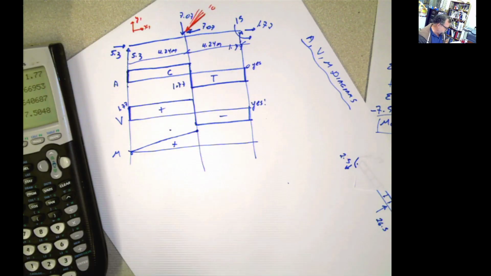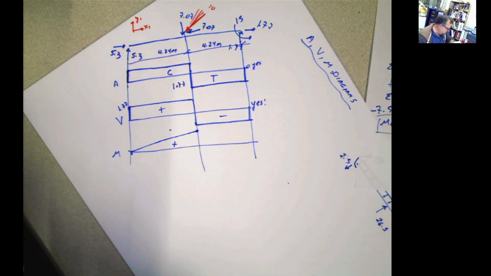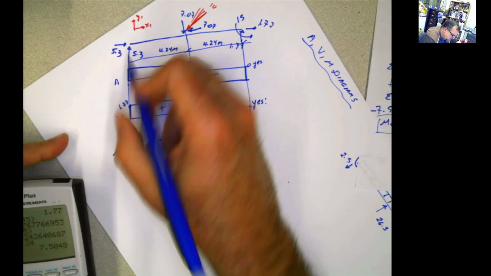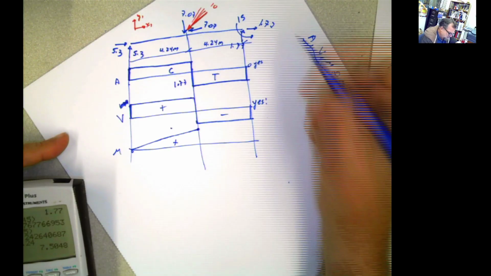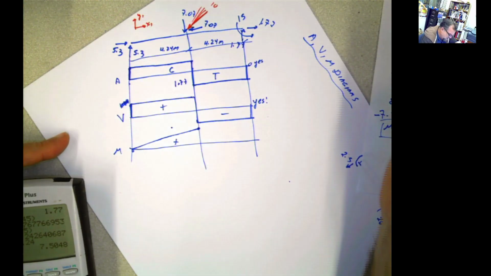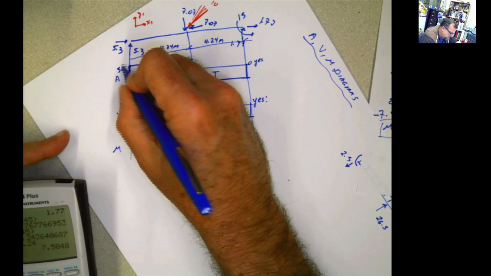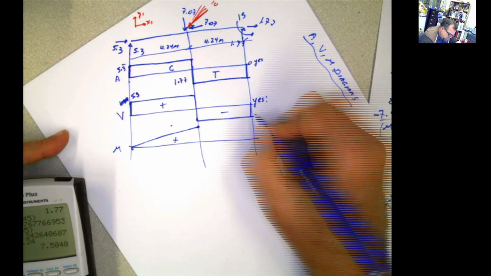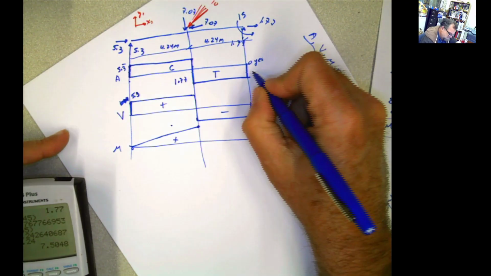What am I doing? Can you please explain to me what I am doing here? Why did I put 1.77 here? It's 5.3. What? You guys don't correct me. 5.3.